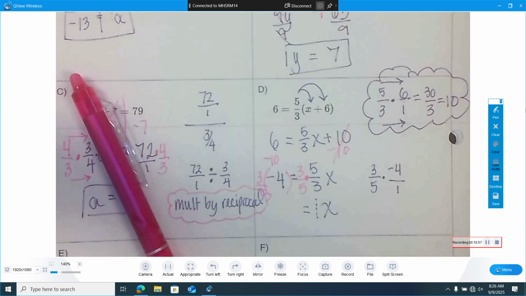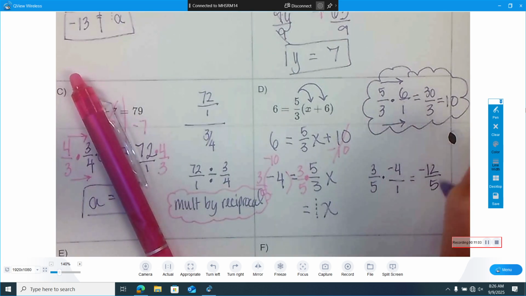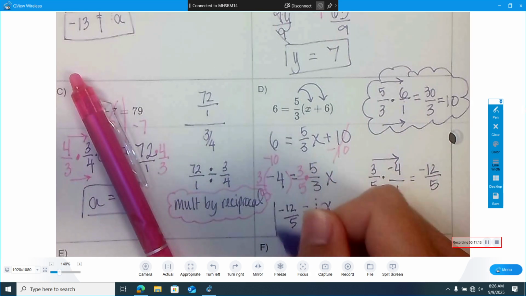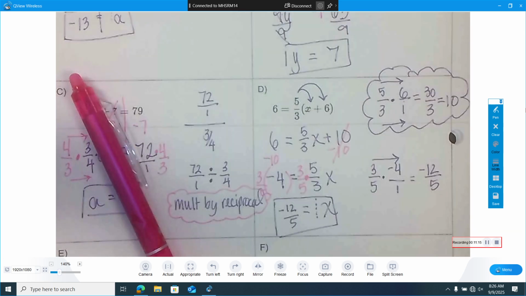Again, turning that -4 into a fraction, we get -12 over 5. Again, straight across, -12 over 5. Is that an okay answer? It's a totally great answer. In fact, I would leave that answer. I love fractions. You don't need to turn it to a decimal. So -12/5 is a great answer.